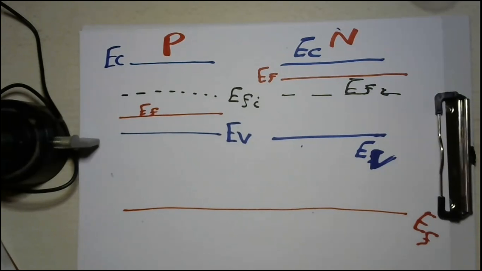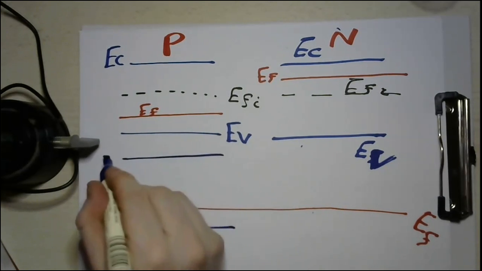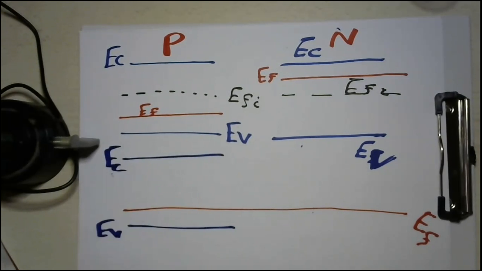So you will say that in this portion of the junction, it's a p-type material. So I should plot EV here and EC. As you can see here in this portion, EF, which is the red line, is closer to the EV with respect to the EC.